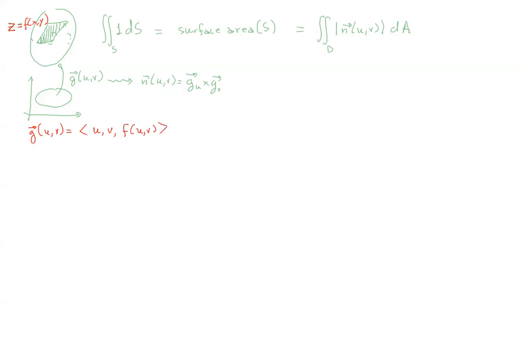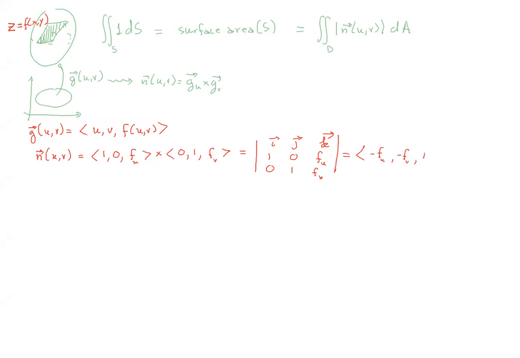And if we take the normal vector, we're going to find 1, 0, f sub u cross 0, 1, f sub v, and when we find this determinant, this will end up being minus f sub u, the middle component minus f sub v.